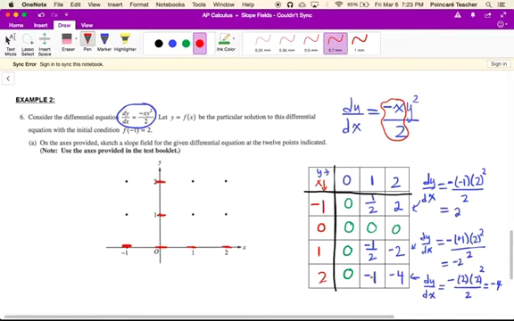So here we have a slope of -1 at 2, 1. Oh, there's a -1, so I'm going to go in the other direction. And then, this is done, so I can take care of the other ones. I'll do the 2's and the -2's first. There's a slope of 2 at -1, 2, so I'll make it kind of steep.